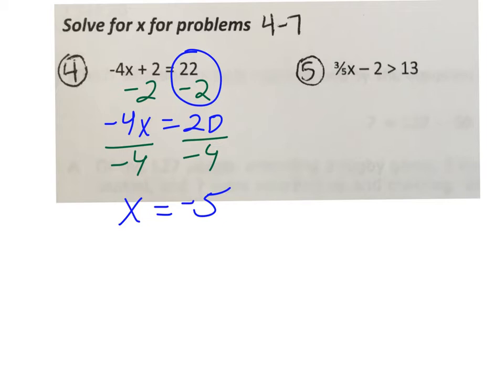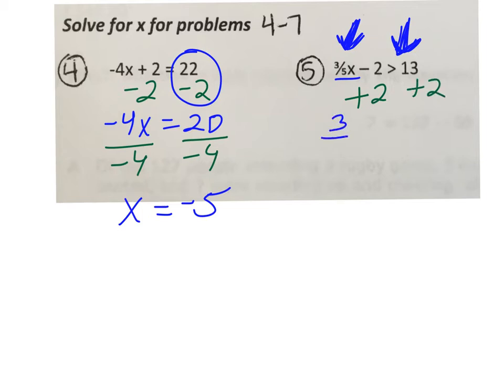Now on the other side, I hope you recognized that this is an inequality, not an equation. So you do have to use that greater than symbol. Now you also need to recognize right away that this, which is multiplied by my y, is a positive number, so it's going to stay a greater than symbol the whole way. You do not flip it. So first, let's add 2 to both sides to get rid of that minus 2.